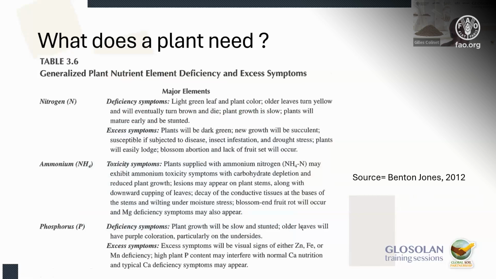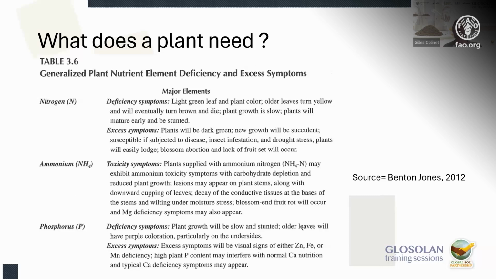For most elements, you can have visible symptoms of deficiency or excess if you are in these extreme zones. For example, for nitrogen, when you don't have enough nitrogen in the soil, you will see discoloration of the leaf.